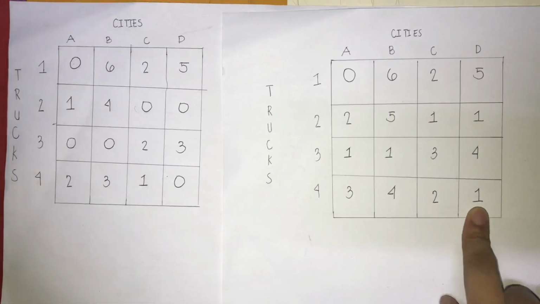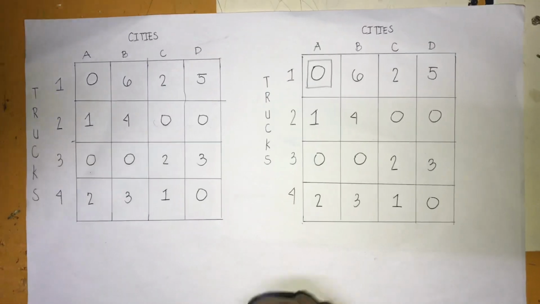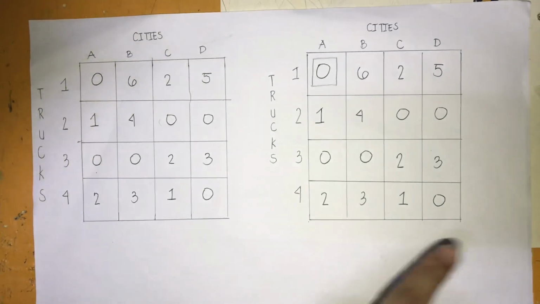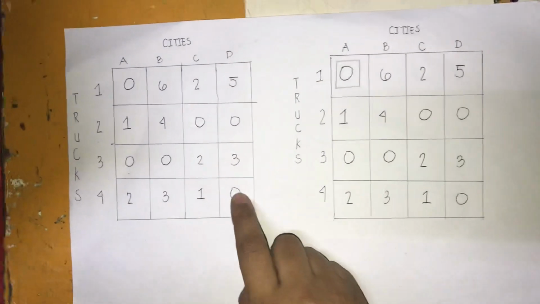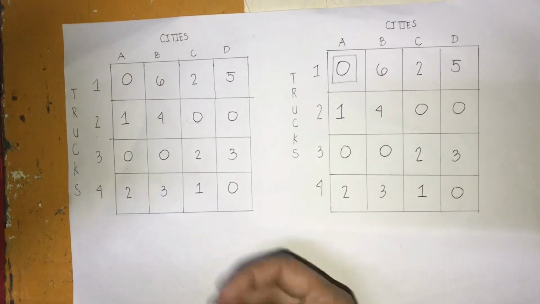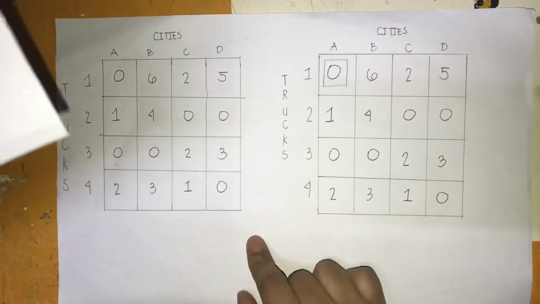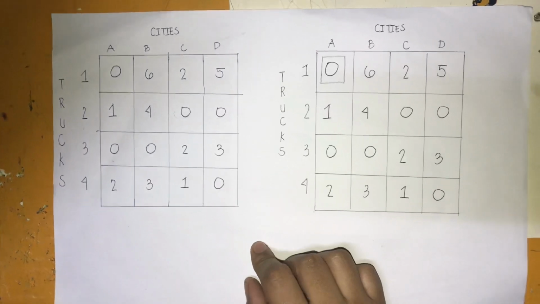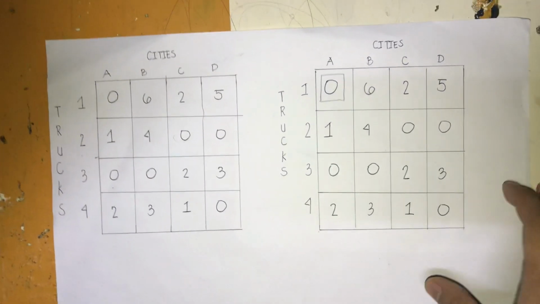Ato siyang isubtract sad and we come up with this. Atong mabantayan nga every column ang minimum element is 0, and if atong i-apply ang row reduction, wala na mabag-o. So sunod nga atong buhaton is to proceed on the phase 2 which is the optimization problem.